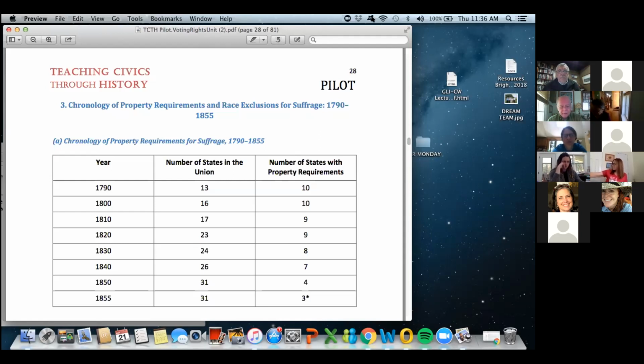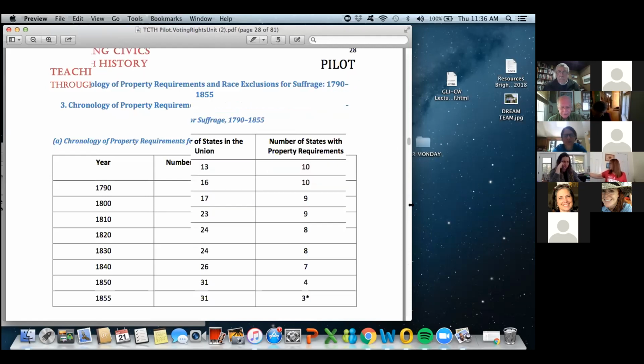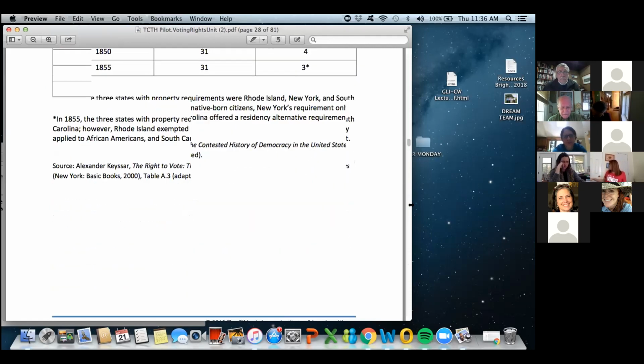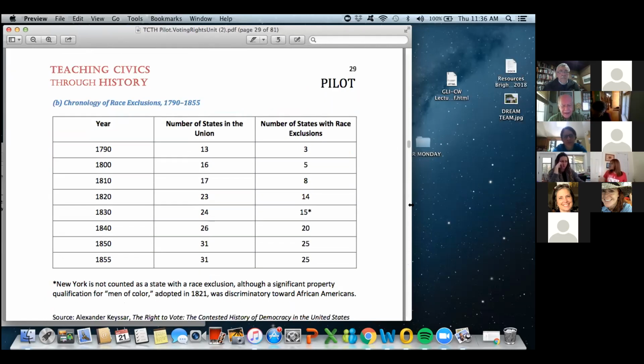Ron, could you scroll down to the next chart, 3B, which is just below it? At the same time that the prior chart shows what's happening to voting rights for white American males, this second chart is a chronology of what is happening to the voting rights of African Americans.